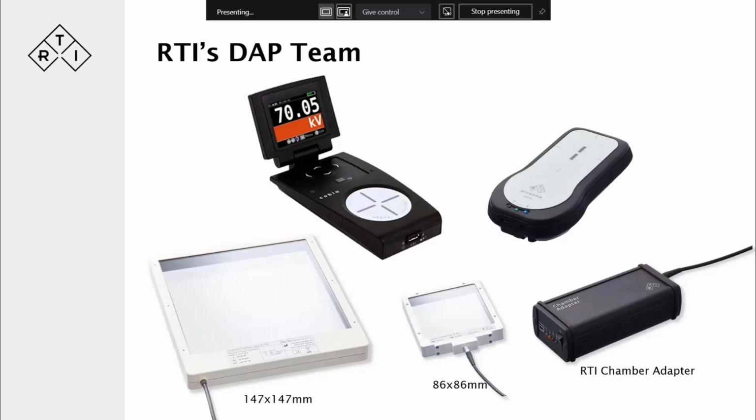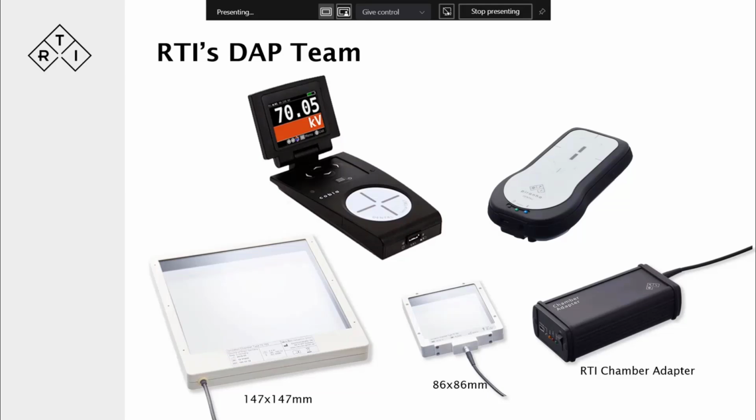For the chamber adapters, we've got them in two sizes, as you know, 147 by 147, which is quite standard for applications in radiography, for instance, where you have the collimator mounted rails, so we can mount small wings on them that fit into the collimator brackets.